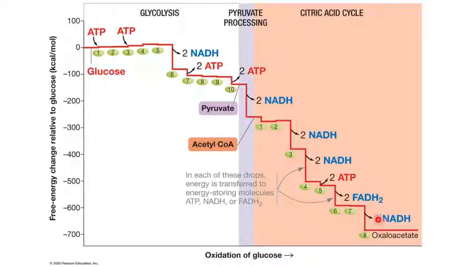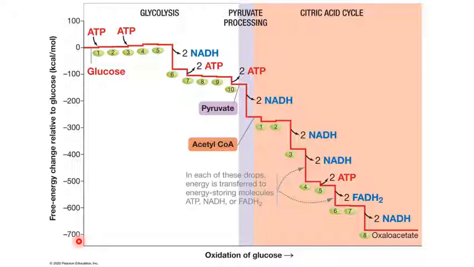All of that extra energy went into these electron carriers and into the little bit of ATP that you made. So overall, if you compare glucose to oxaloacetate, that's 700 calories of energy that you lost going from glucose to oxaloacetate.